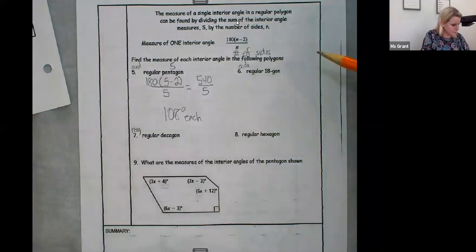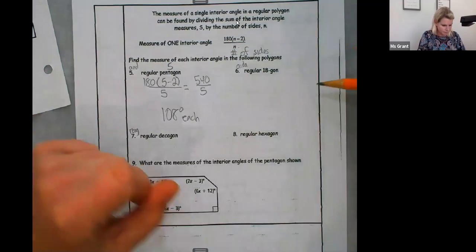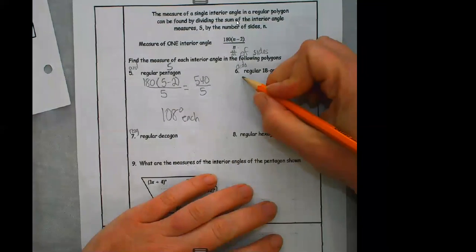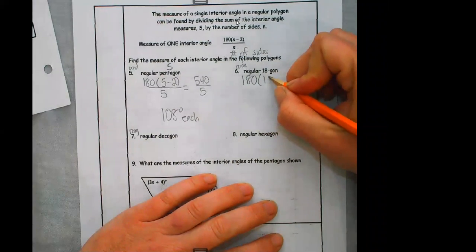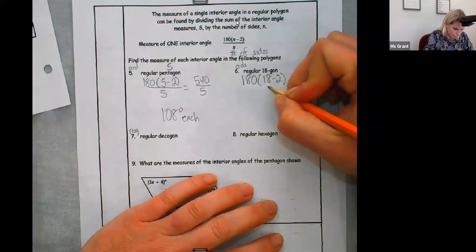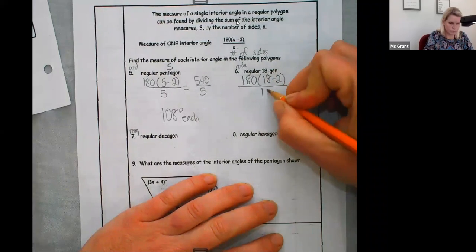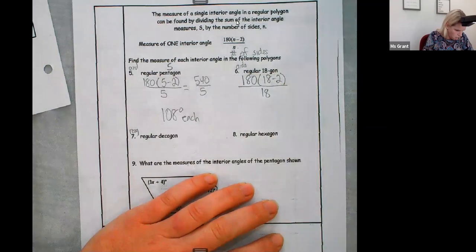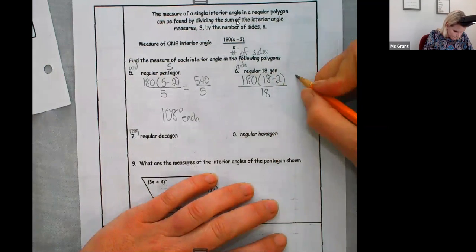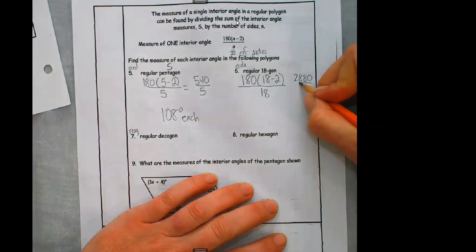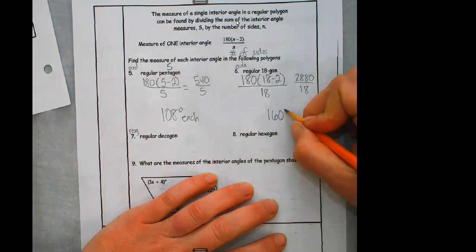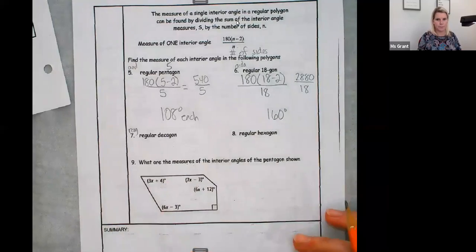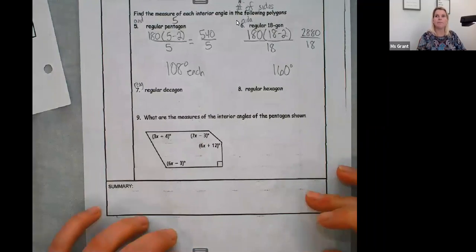Okay, number 6. Aiden. 180 times 18 minus 2, which is 2,880, and then divided by 18 is 160. Yay. Very good.